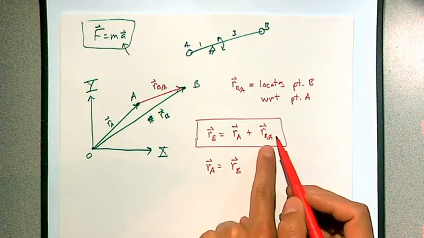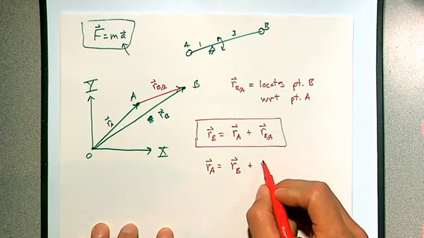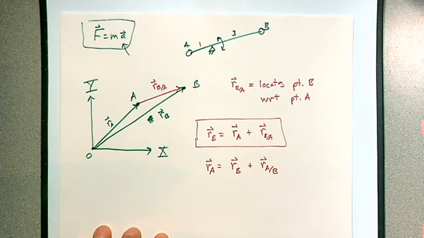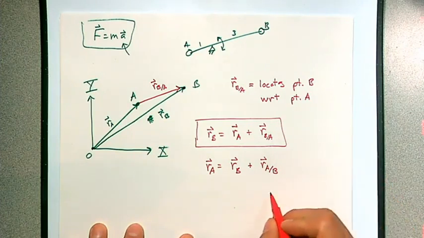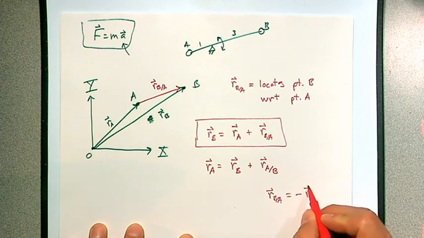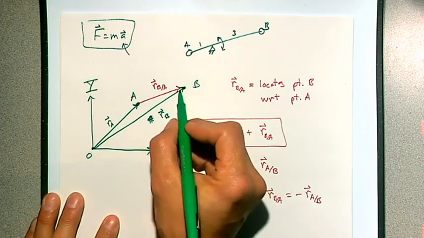So I could just take it over to the other side and subtract it off, or I could write it as a positive R of A with respect to B. So I've just swapped my subscripts now, knowing that the vector from A looking to B is the opposite of the vector of A with respect to B. So B with respect to A is the opposite direction of A with respect to B. If I try to draw that in there, that would just go the other way.